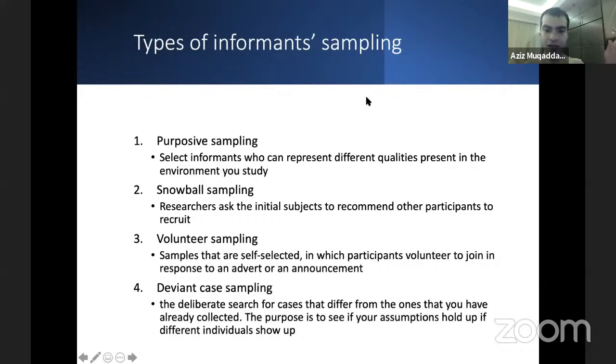And then there are other types in which people come to you. One of them is volunteer sampling, and that's the most typical one. You just announce, here's a study about blah, blah, blah, and if you're interested, please contact Dr. Aziz, and this is the email, the phone numbers. This is the exact opposite of purposive sampling.